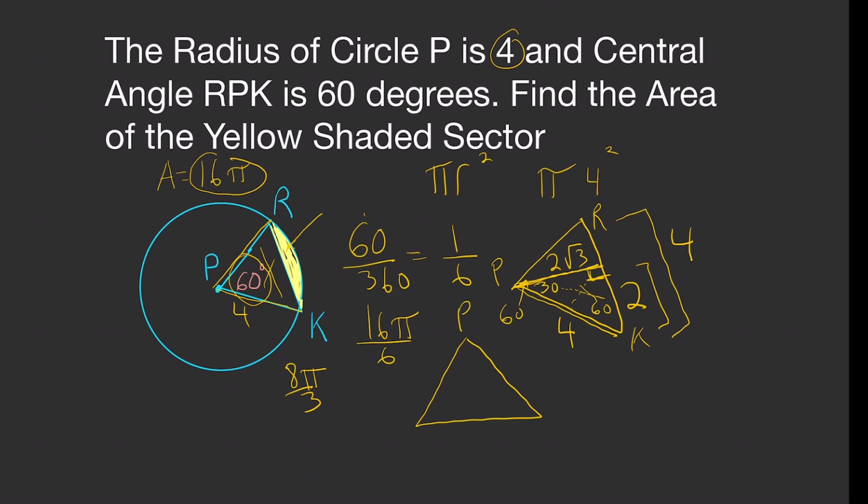Let me have a P here, an R, and a K. This base is 4, and this altitude here is 2 root 3. The area of the triangle is base times the height, which is 2 root 3, divided by 2: 8 root 3 divided by 2, 4 root 3. The area of this triangle is 4 root 3.